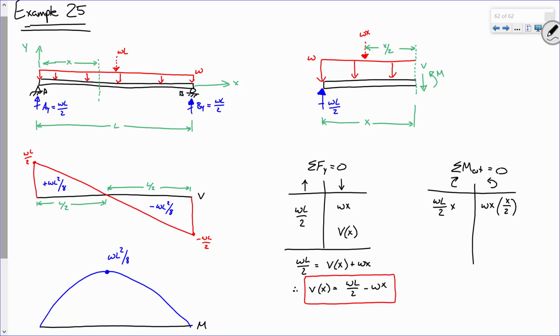And then I got what? M? Does the V cause any moment? Not at the cut, right?